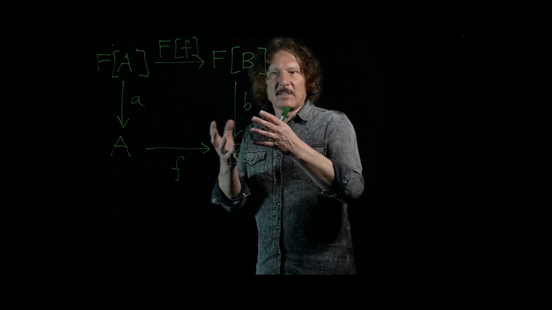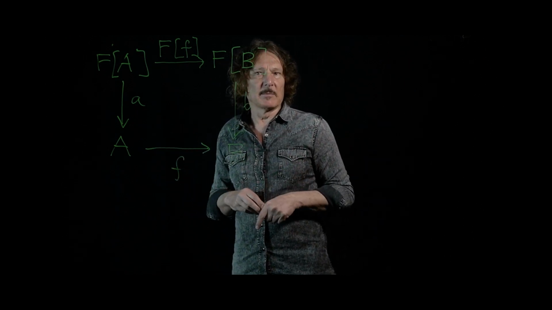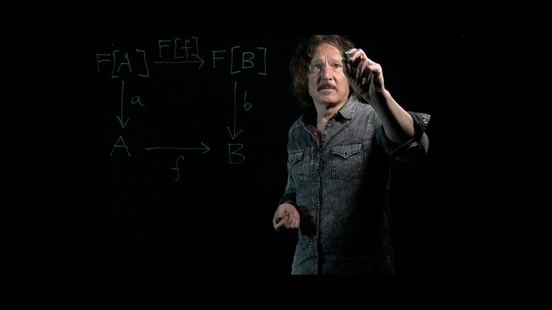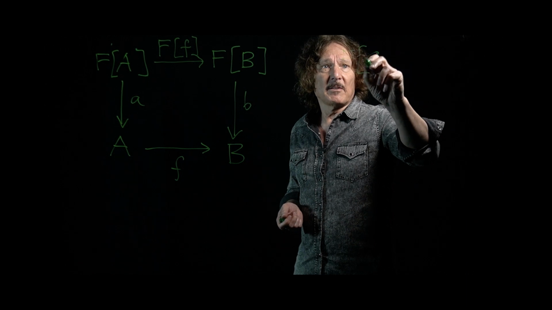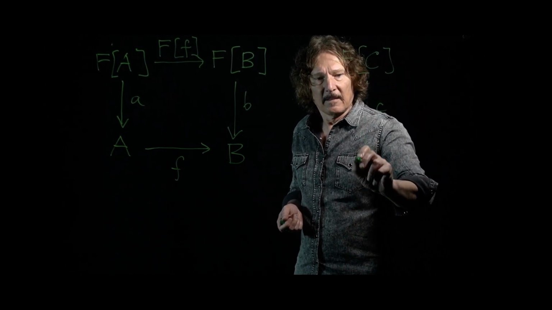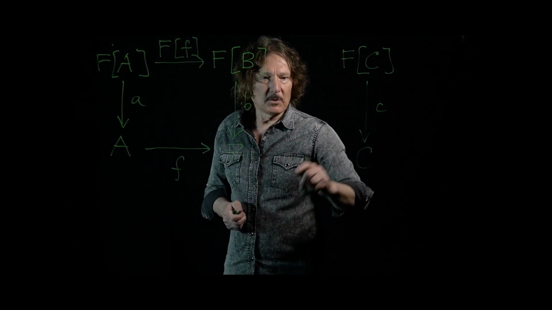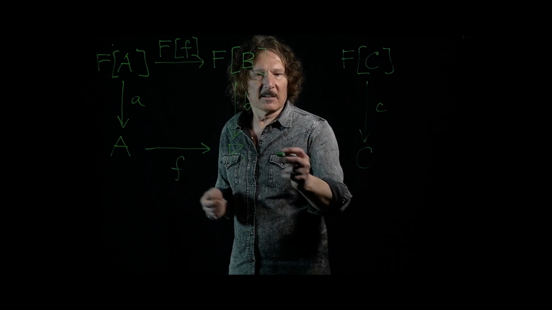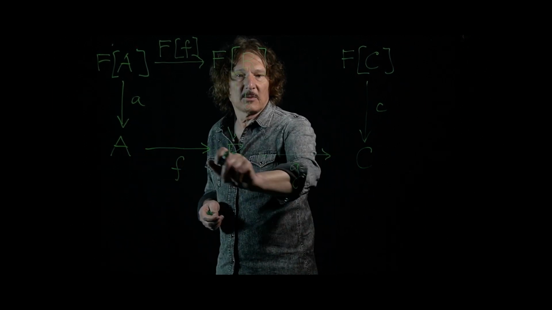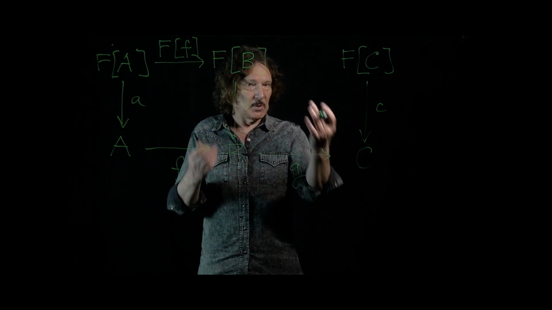With these diagrams, we can do things like combine multiple diagrams together. Suppose that we have a third algebra, F with a carrier C, and the evaluator FC down to C. What if we have two such functions, f from A to B and then g from B to C, that satisfy this commuting condition?